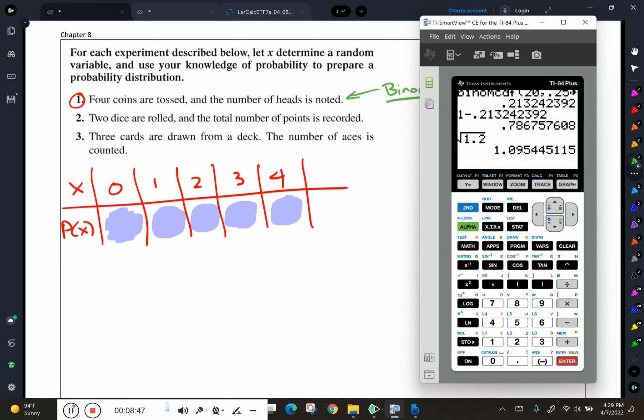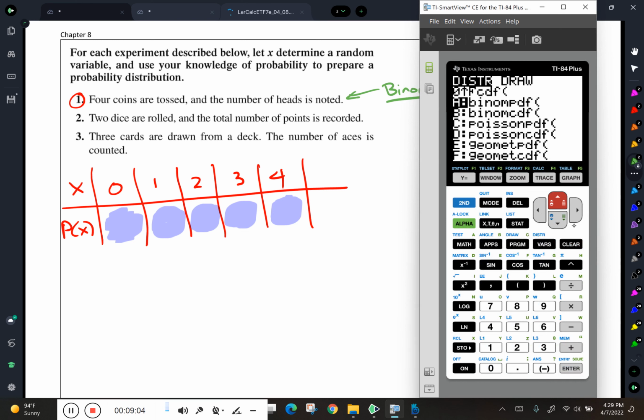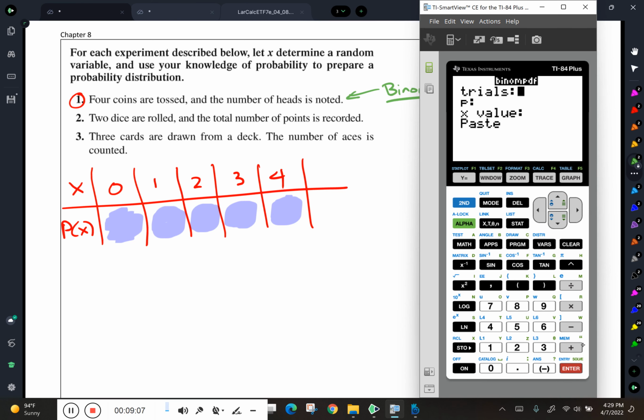So I'm going to go ahead and bring up my binomial calculator here, and I'm going to say, let's see, second distribution, binomial PDF. There were 4 coins that are being tossed. Probability of a success is 0.5. And I want X to be 0.